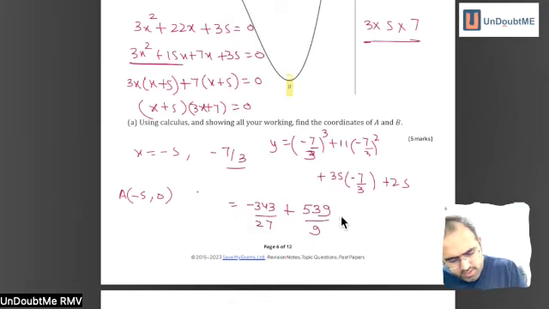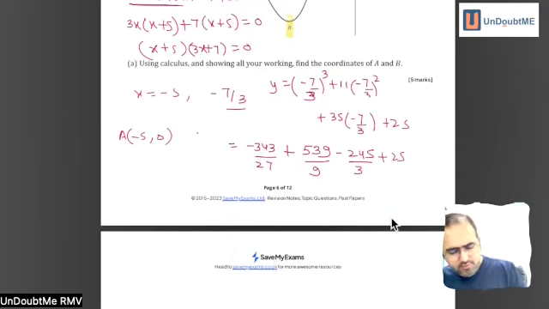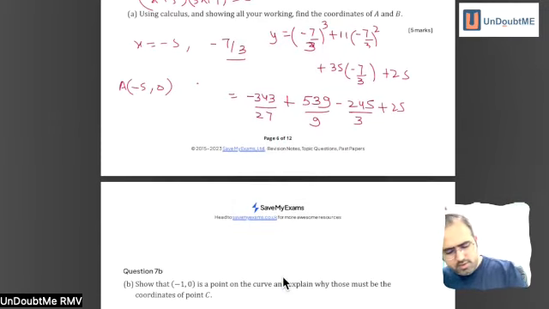539 by 9. Then minus 35 times 7. Minus 245 by 3 plus 25. LCM will be 27 throughout.